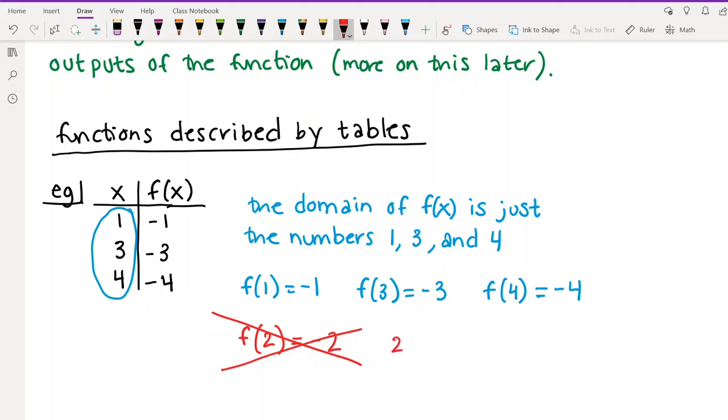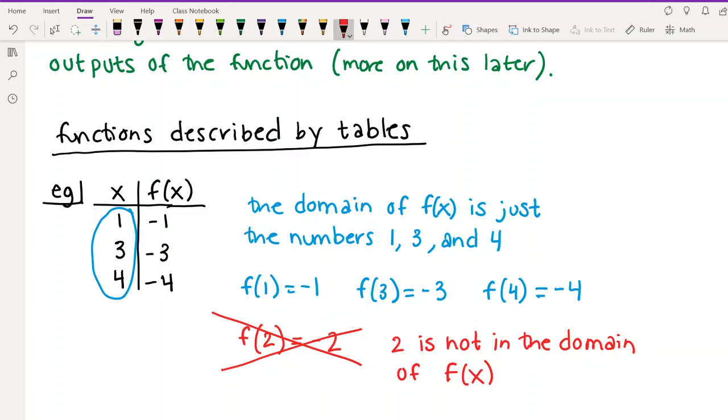And so 2 is not in the domain. If you were to try to evaluate f of 2, your answer would actually be undefined because there is no information about what f of 2 is.